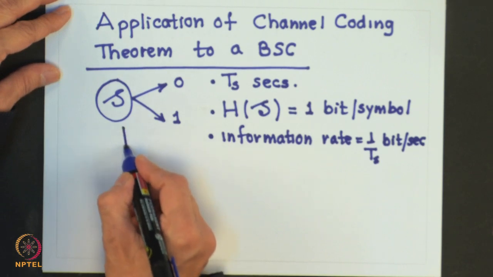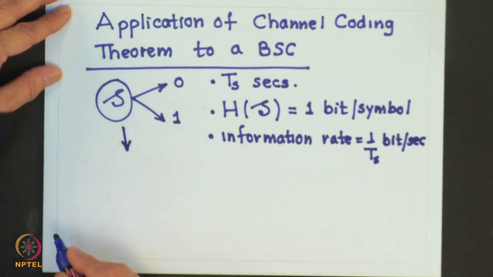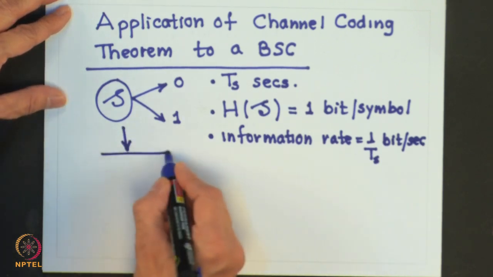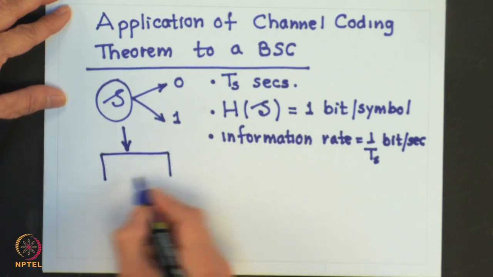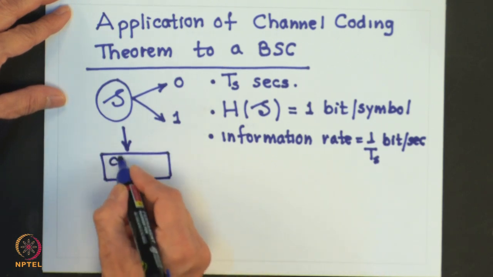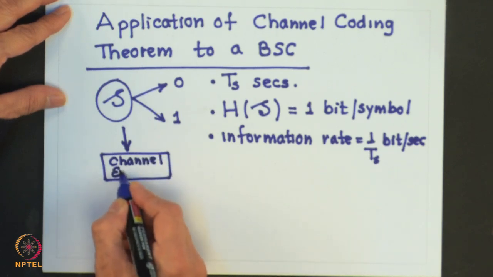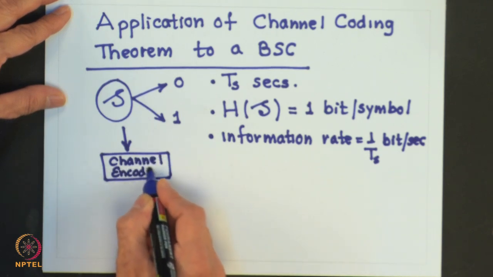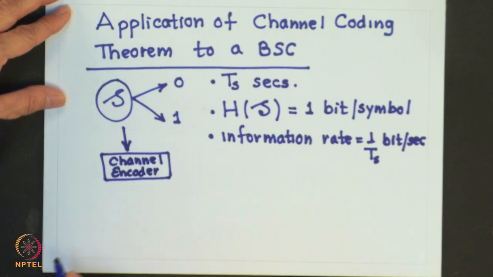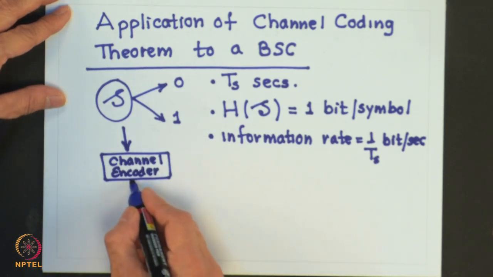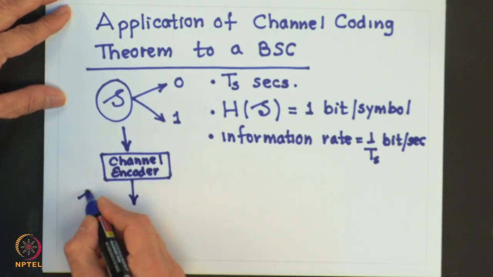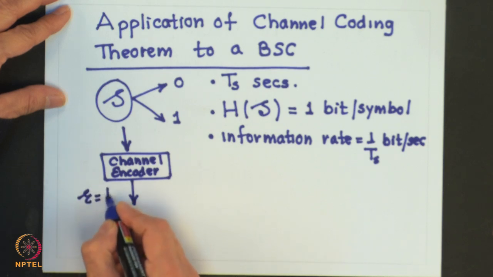Let us take this output of the source and feed it to the channel encoder, which has a rate R equal to k by n.